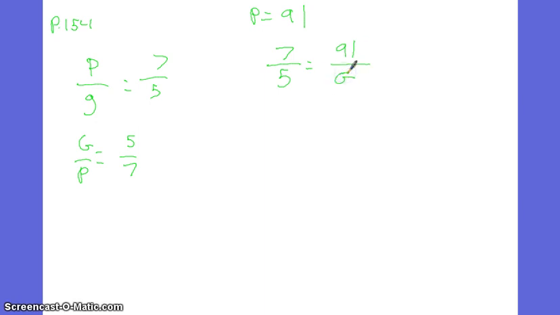Okay, because to show the relationship that 7 and 91 are related, because we're talking about the pigs and then the goats. All right, so what do I get there? I get 7g equals 91 times 5. Think back to just a few minutes ago, we just did that problem, didn't we? Okay, when we divide by 7 on both sides, we find out that there are 65 goats. And if you just look at the problem, that makes sense.